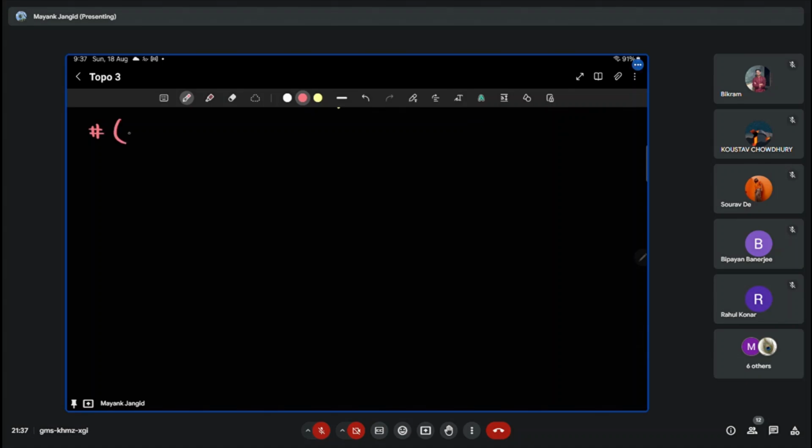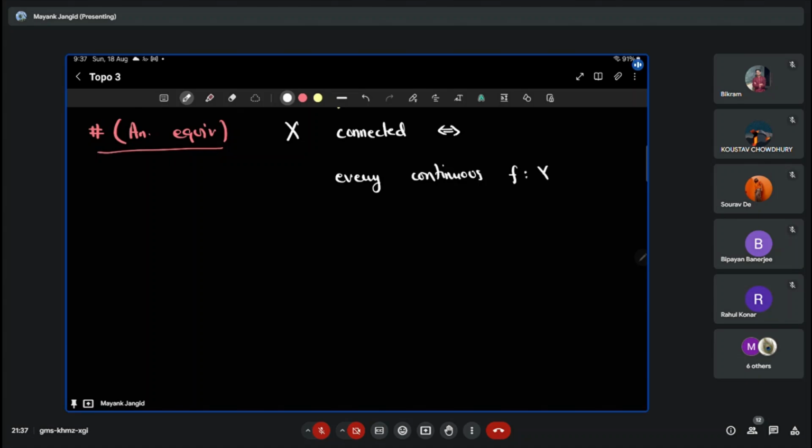A topological space X is connected if and only if every continuous map F from X to the set 0, 1, with the discrete topology, is constant.